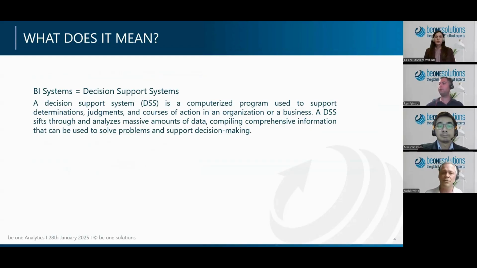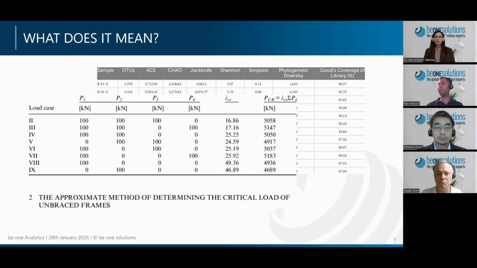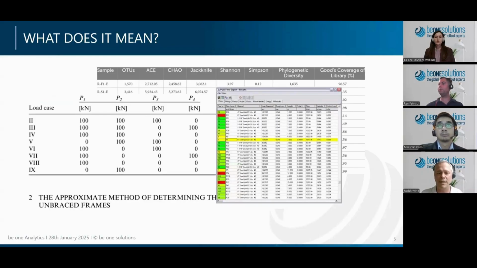So it's a decision support system that allows you to get answers on questions that you have and see even deeper into your data. When we look at specific tables, we are normally not able to judge or to get the right amount of information out of those tables. So this is not a good example for a report or a dashboard.